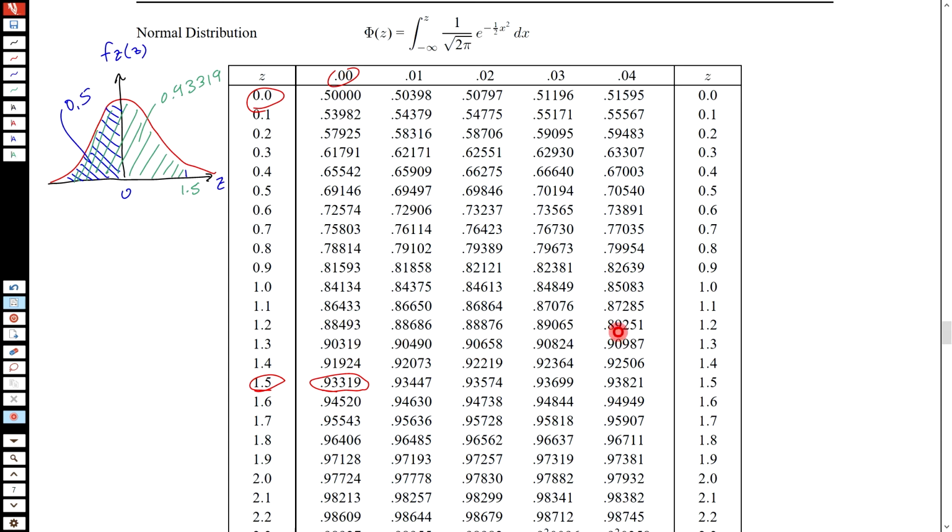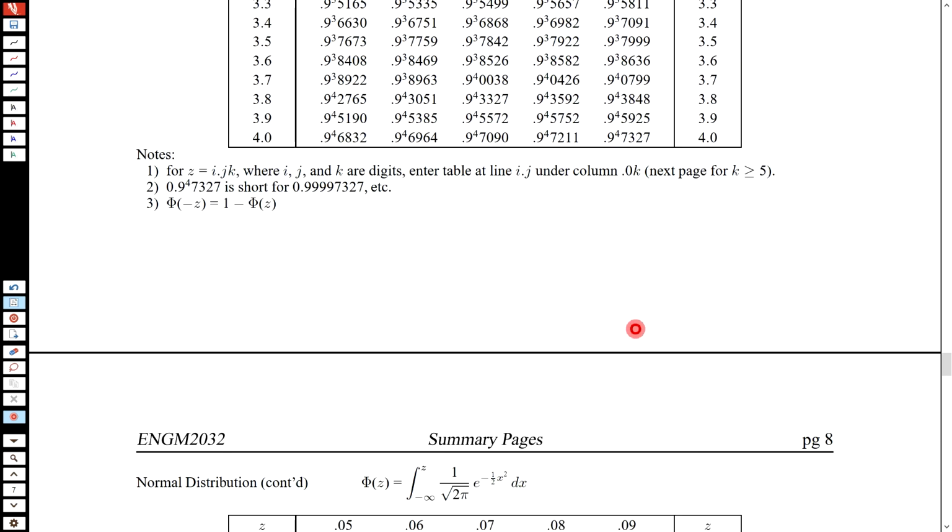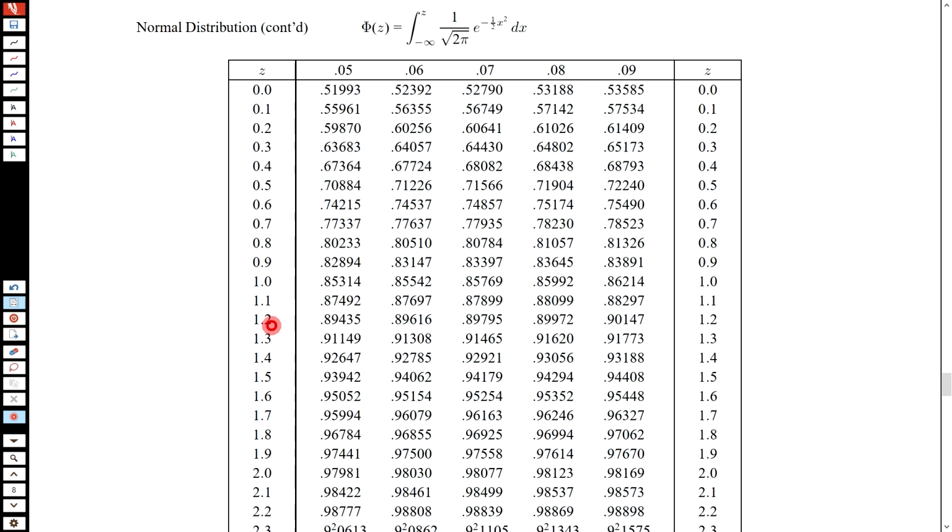This one is 0.89, so it suggests I'm going to get closer to 0.900 on the next page, where this one is let's say 1.26 or 27. So let's go to the next page. 1.2 is 0.89, 0.896, 0.898, 0.899, 0.901. So it's going to be somewhere between these two.